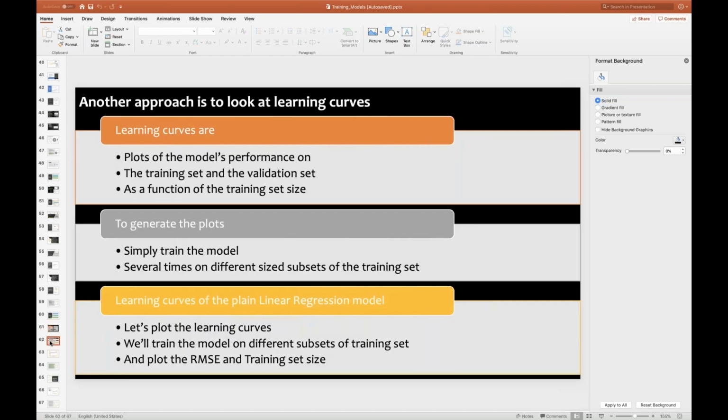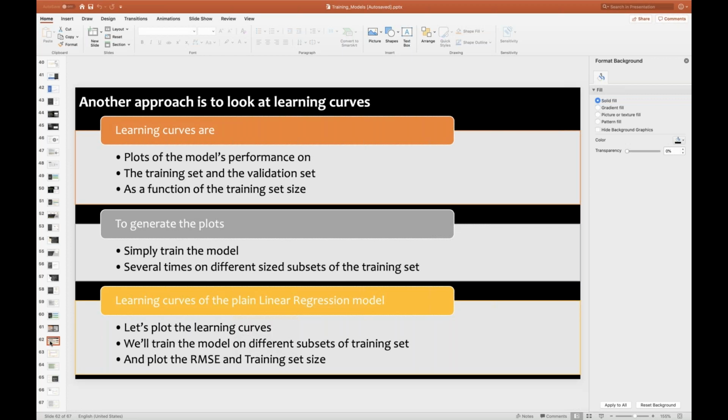Another approach to learning curves: learning curves are plots of the model's performance on the training set and the validation set, as a function of the training set size. We understood that.